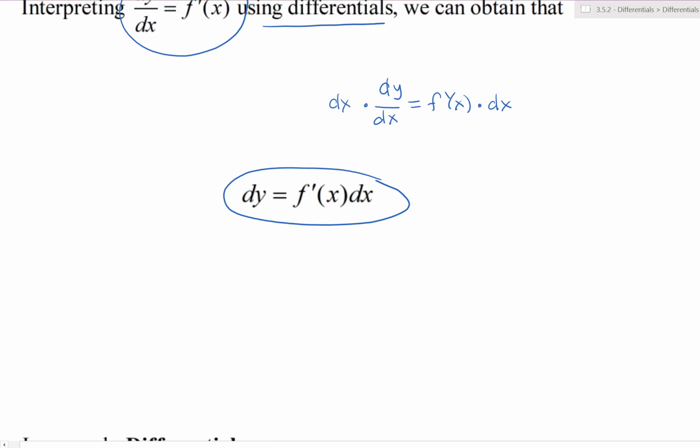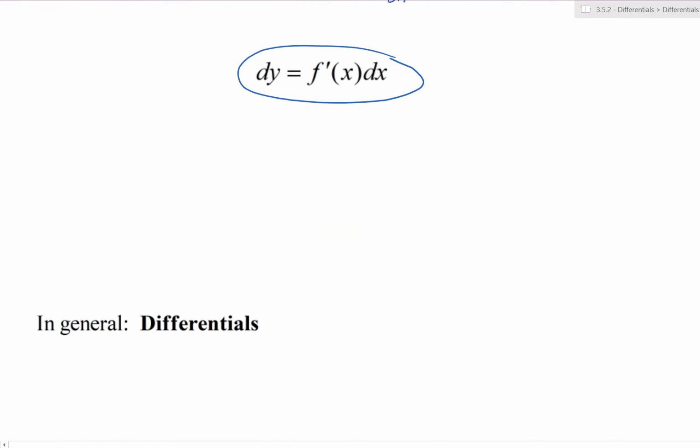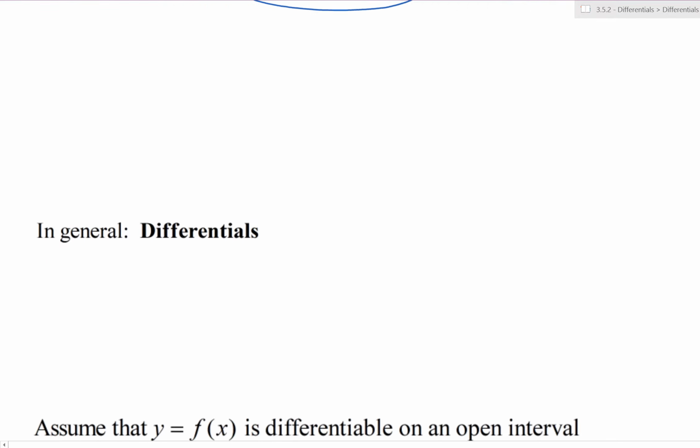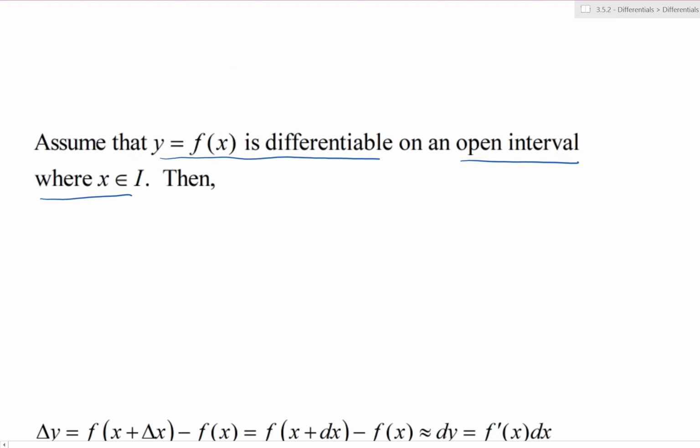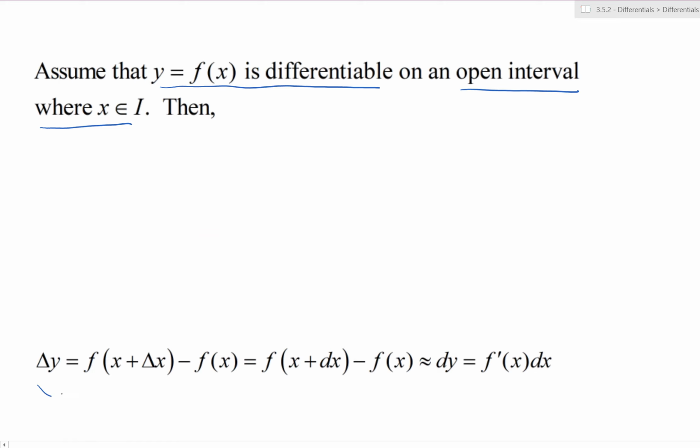And thus, in general, differentials assume that you have a function f of x that is differentiable on an open interval, where x belongs to that open interval, say I here. Then the change in the output direction, delta y, is the value of the function at x plus delta x minus f of x.